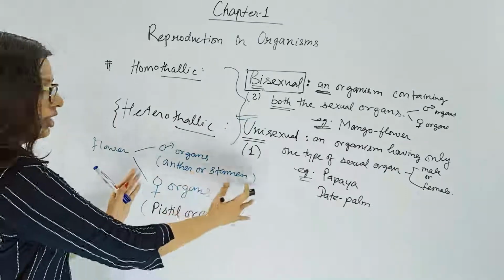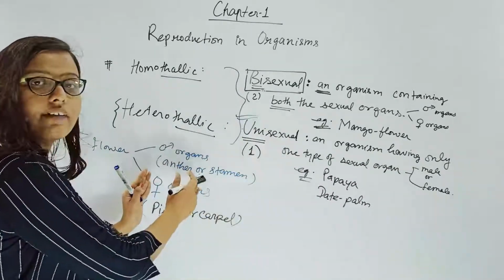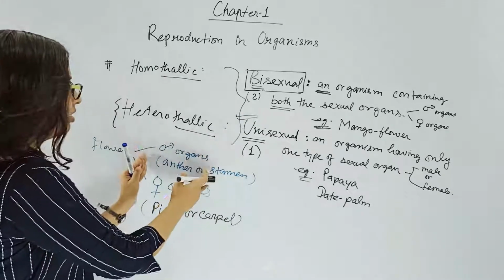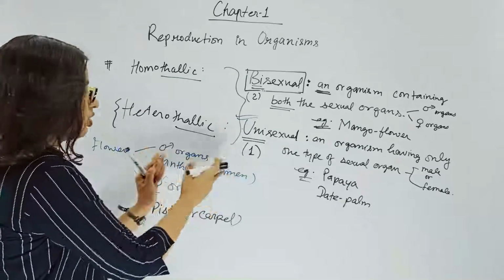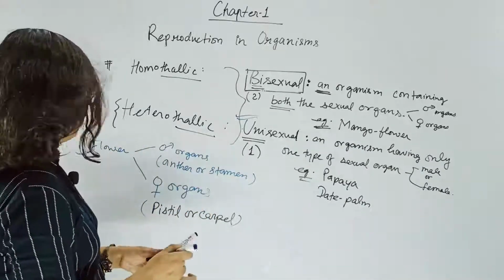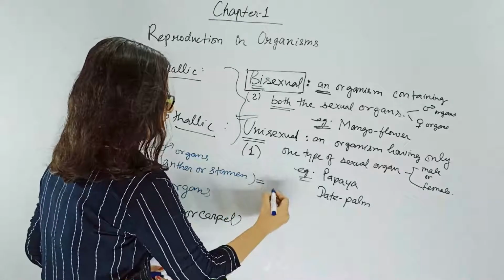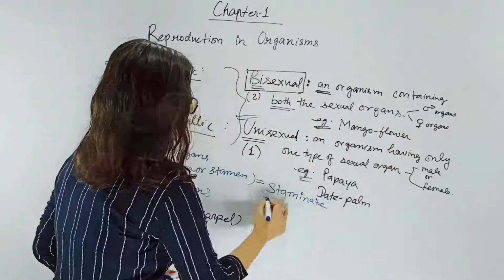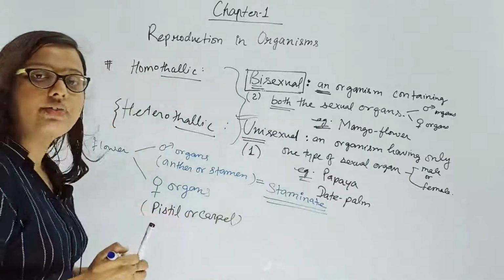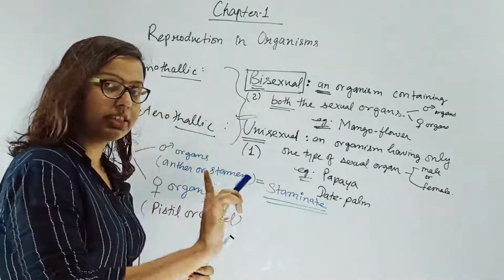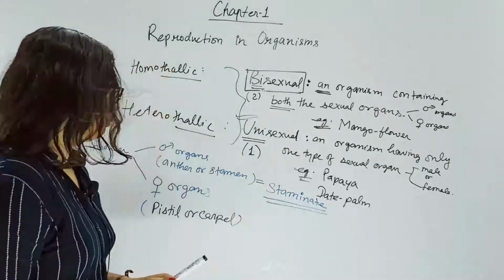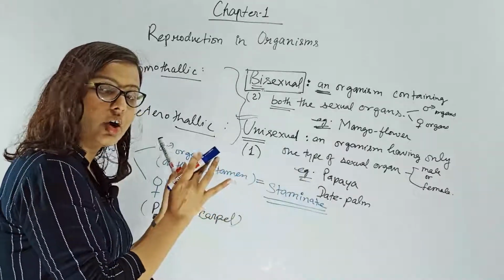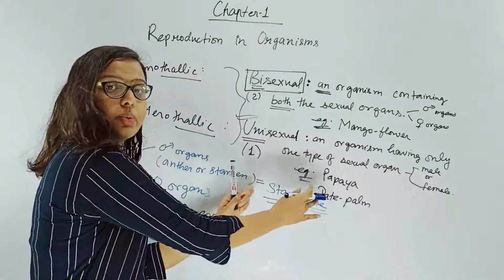So when I give the example of the two different type of papaya plants, first one was having male flowers. So that male flowers will be having male reproductive organ, means that those flowers will be having stamens or the anthers. So those type of flowers will be termed as staminate. Staminate is the word used for a flower which contain only the stamens, means only the male reproductive organs are there.